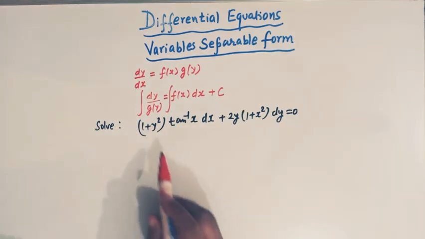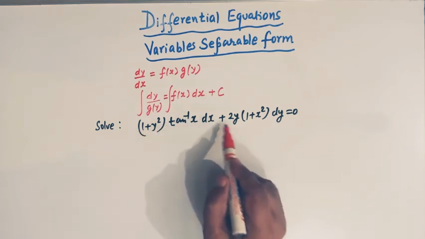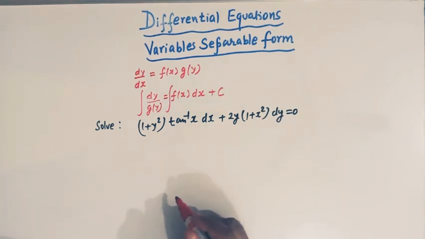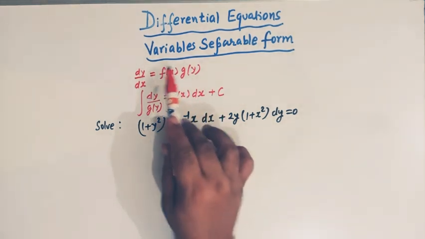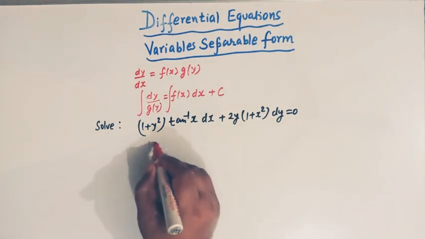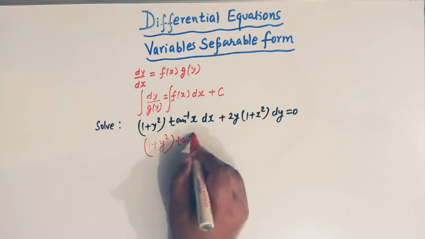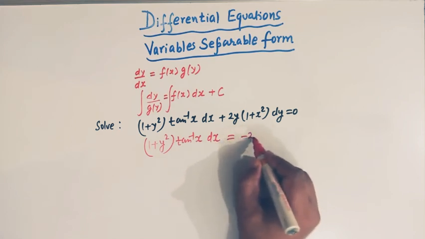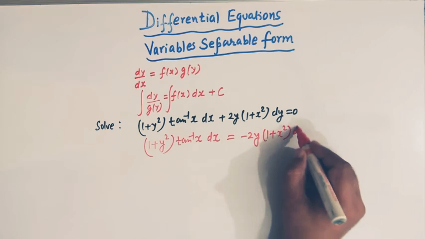Now let us take this problem: 1 plus y square tan inverse x dx plus 2y 1 plus x square dy is equal to 0. Now here again we'll separate the variables. So this can be written as 1 plus y square tan inverse x dx equal to minus 2y 1 plus x square dy.